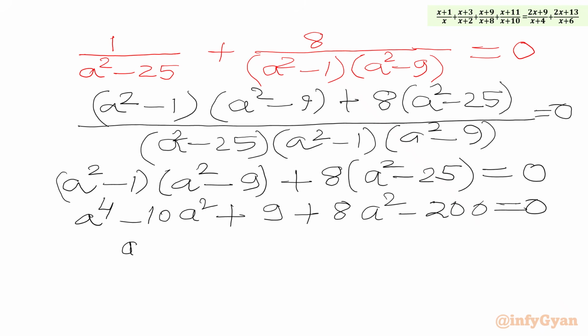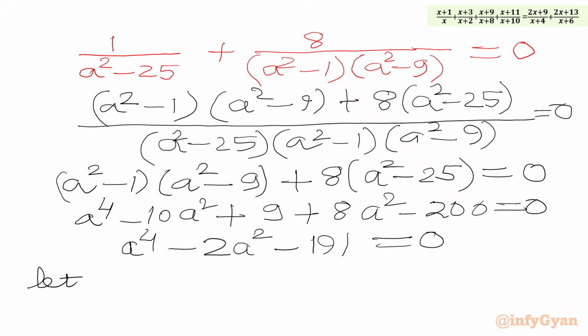Or we will write one quadratic equation a power 4 minus 2a square minus 191 equal to 0. Now we will assume a square, let us say, is equal to m. For real solutions, m must be positive.